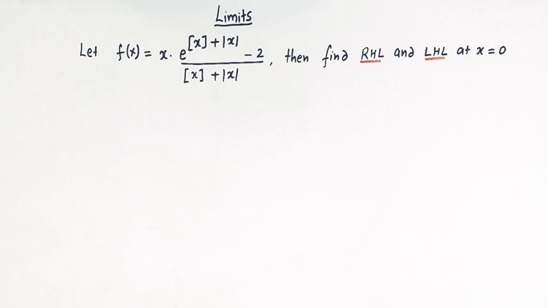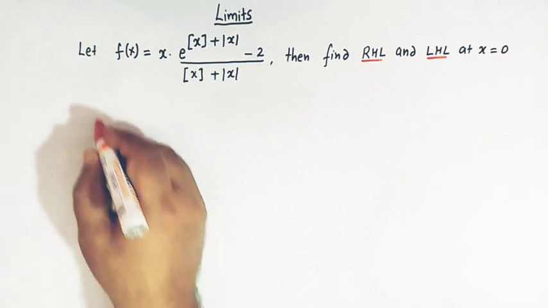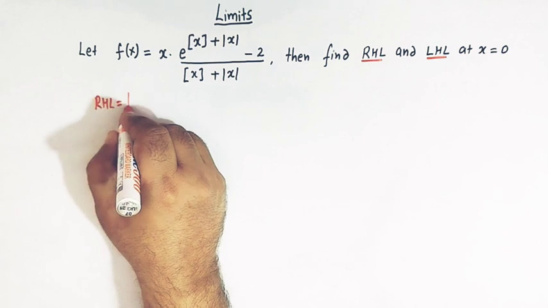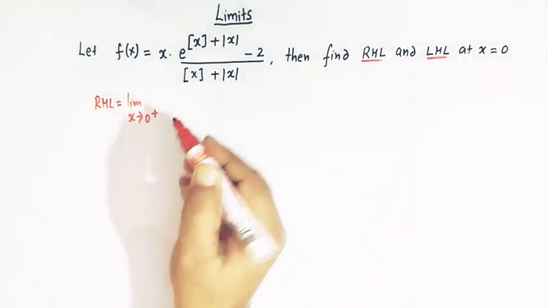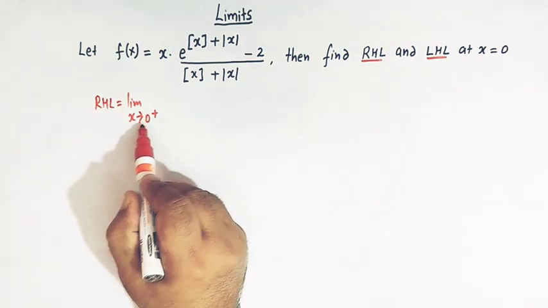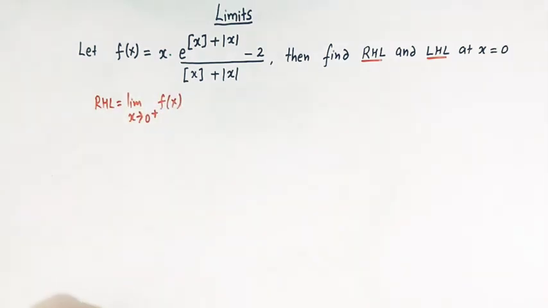So let us start and first find the right hand limit. The notation for the right hand limit is limit x tends to 0 positive. We put a positive sign over 0, and here we have f of x.